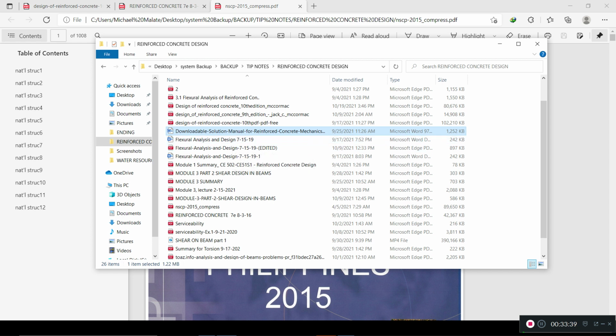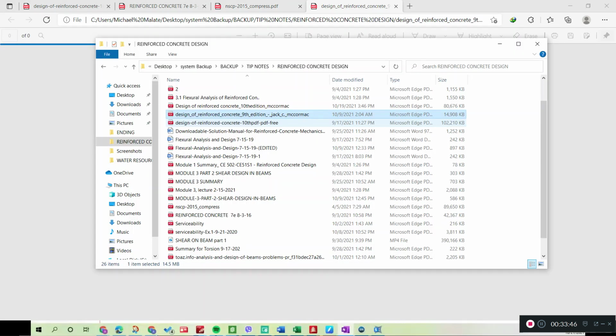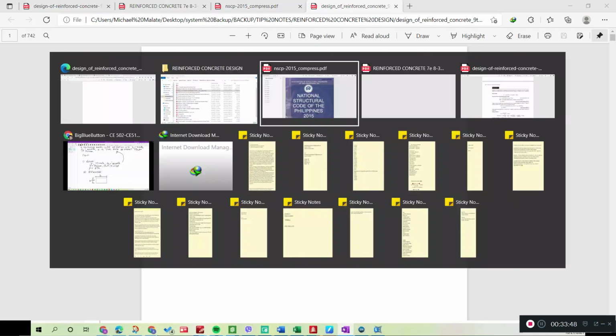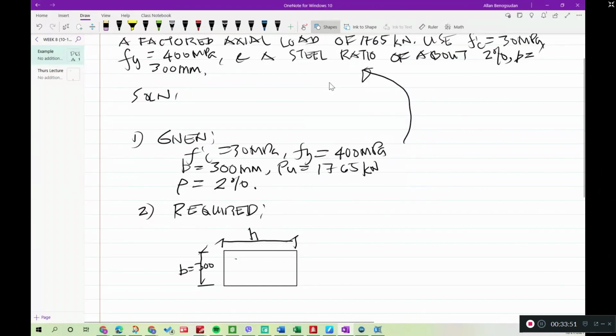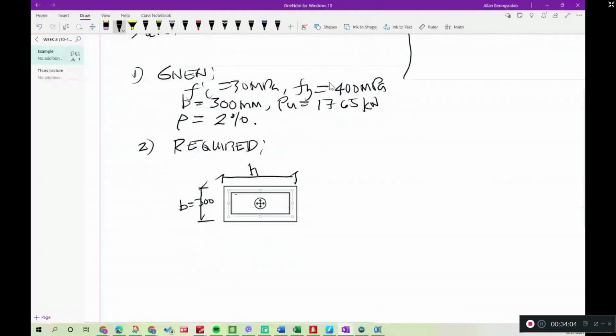The least dimension, you should call that one b, that is equal to 300 mm. And you just have to write something like this, because that is your ties. That's your tie. Okay, so can you solve it now?